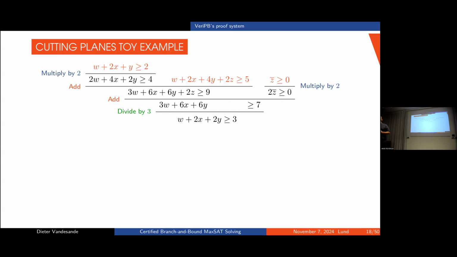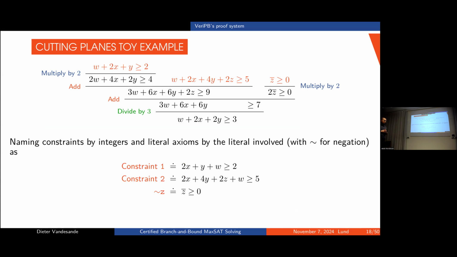But what does this look like in practice? Well, in practice, these proofs are big text files containing lines of derivations. Every constraint gets a constraint ID, and we denote literal axioms by just the literals, which for example, this one is not C. We denote the negation by the tilde.